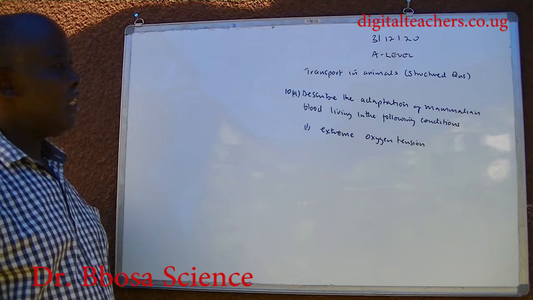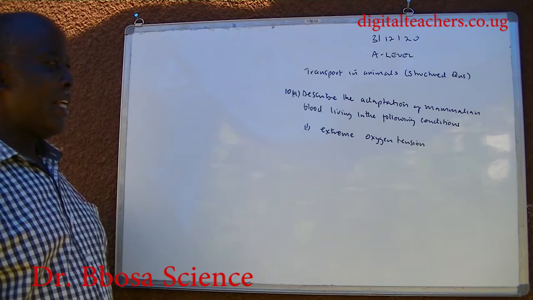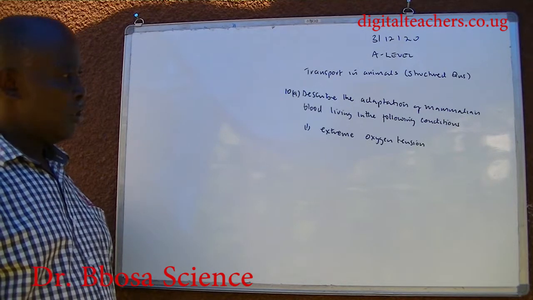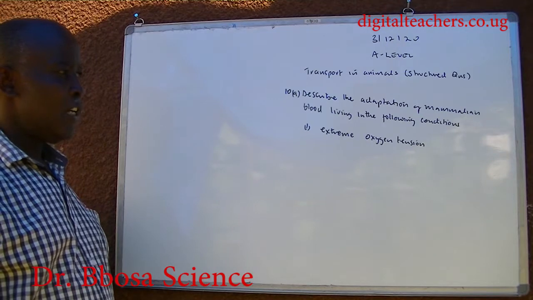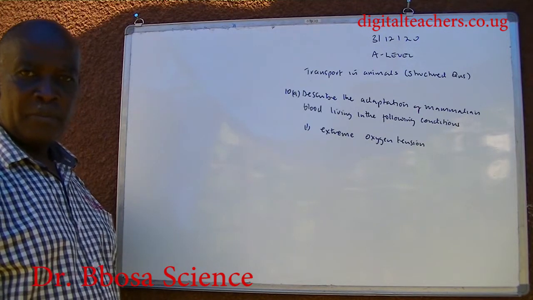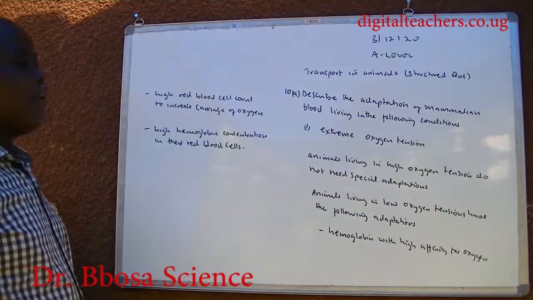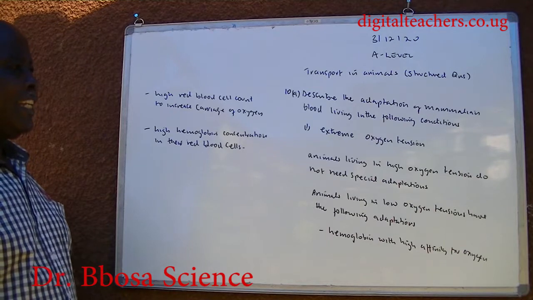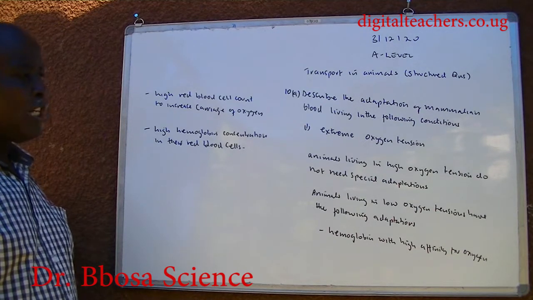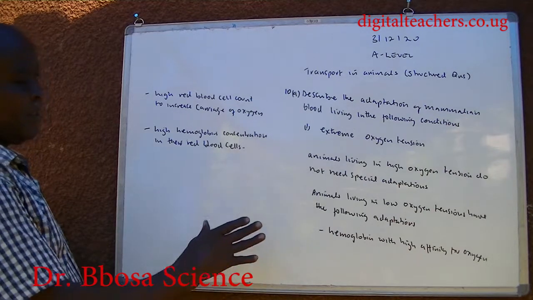Number 10a, describe the adaptation of mammalian blood living in the following conditions. 1. Extreme oxygen tension. You can pause and answer. Animals living in high oxygen tension don't have special adaptations.